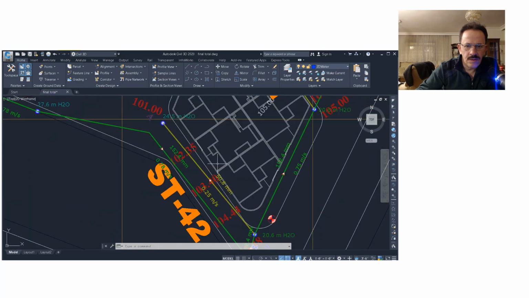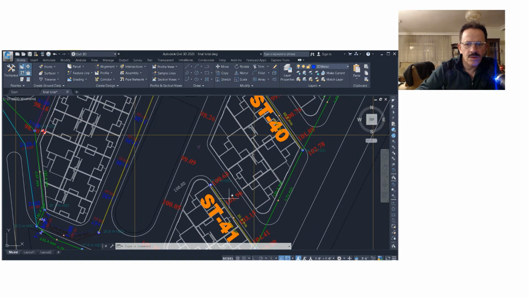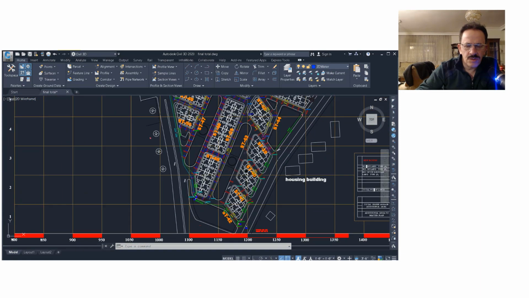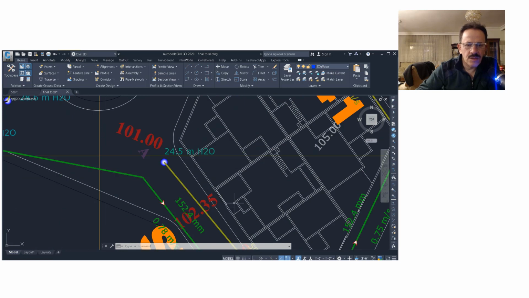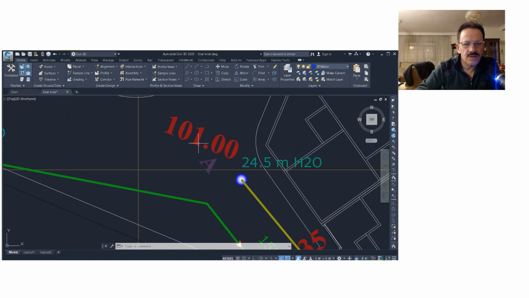So I have houses, block 1, block 2, and block 3, and so on. You can see these are the points that I have from the survey. This is 1.1.